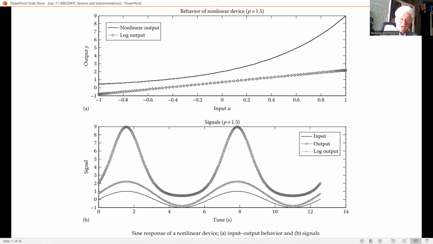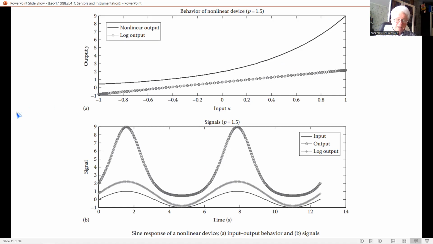For example, suppose that the input U to output Y behavior of a device is given by Y proportional to k times e to the power pU. It is clear that a sinusoidal input U equals U naught times sine omega t will be far from sinusoidal at the output, and we can see that in the first diagram here.